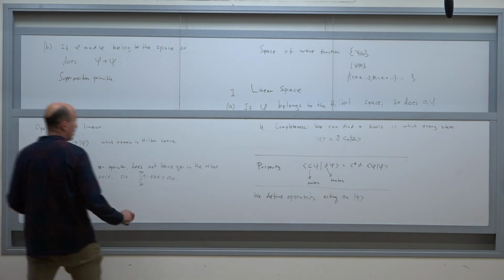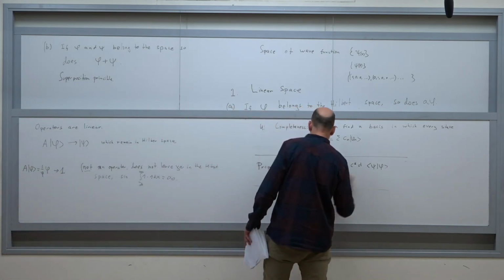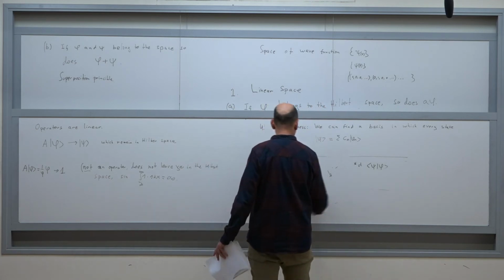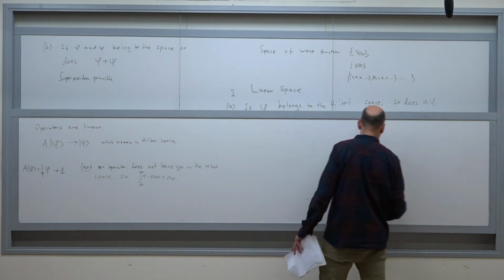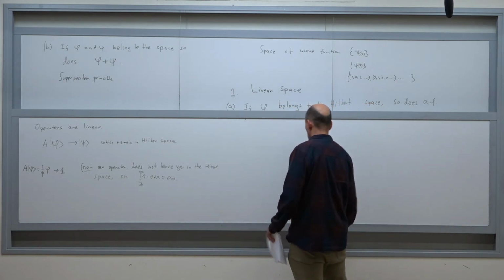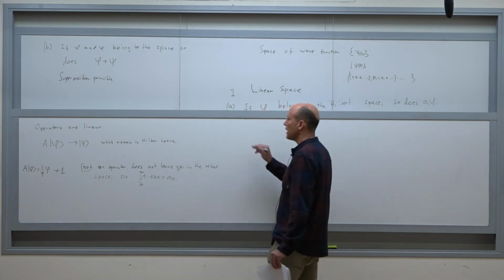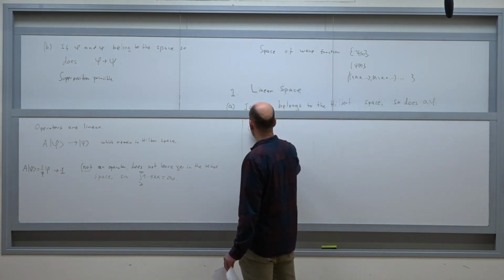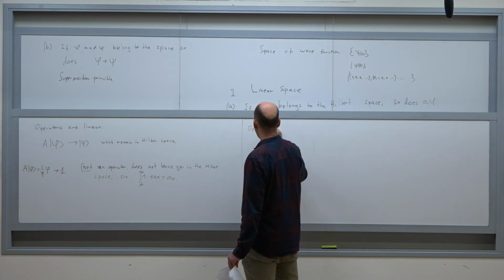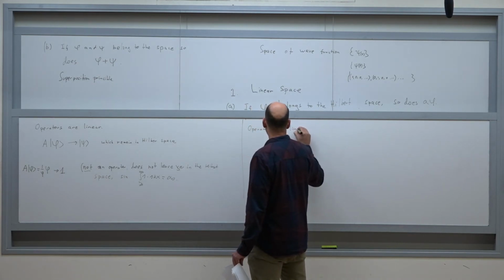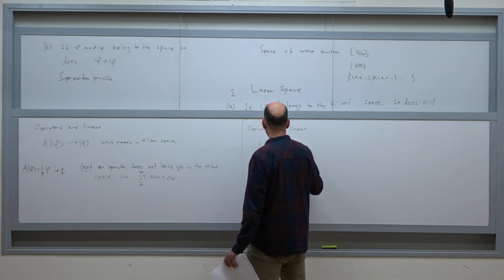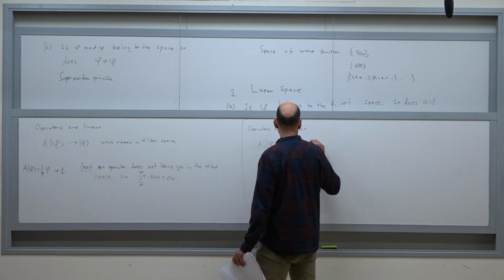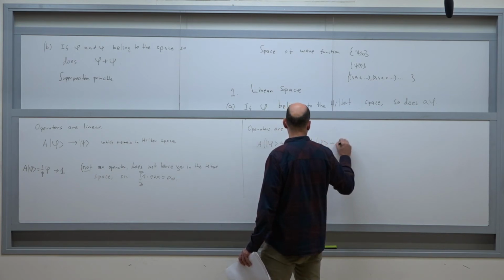The second property of the operators is that the operators are linear. I mean, in the following sense. This is something you know from all the examples you had. The operators are linear, meaning A acting on psi plus phi is A psi plus A phi.